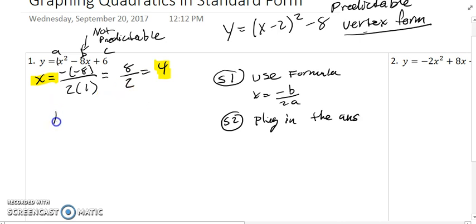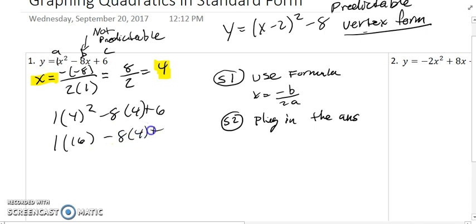So we have 4 squared minus 8 times 4 plus 6. And then we're going to square first, and then we're going to multiply. So we have 16 minus 32 plus 6. Then we're going to put it all together to get negative 10, and this is a y equals.